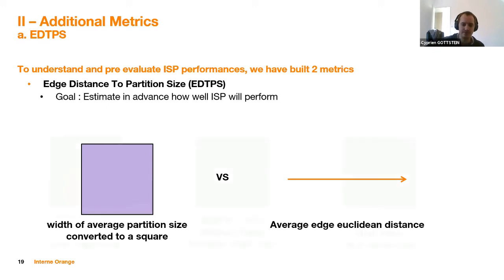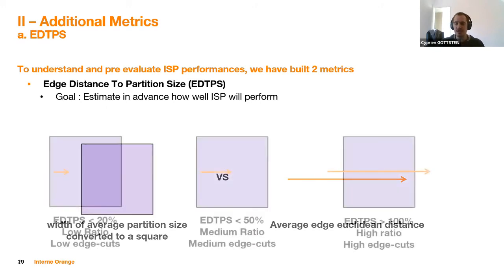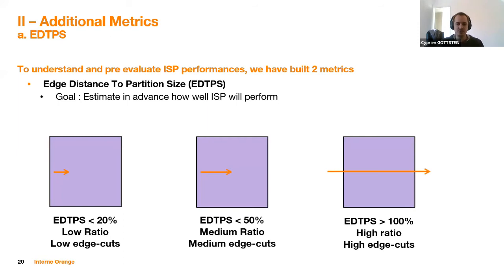And here's the idea. If on average, the edges of the graph are wider than the surface converted into a square of the partition, then it means that at least one of the ends of these edges will end up outside of the current square, meaning it will end up in another square. So you have two squares, you have two partitions, and thus the edge is cut.